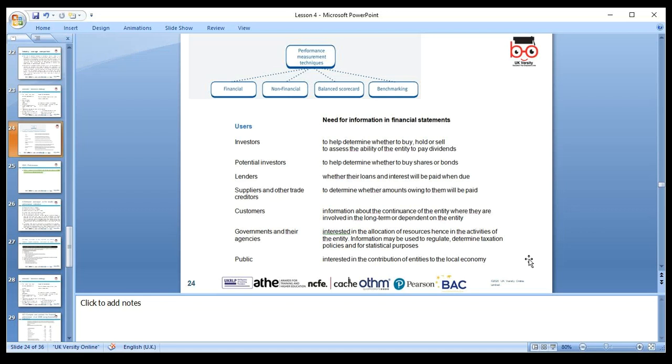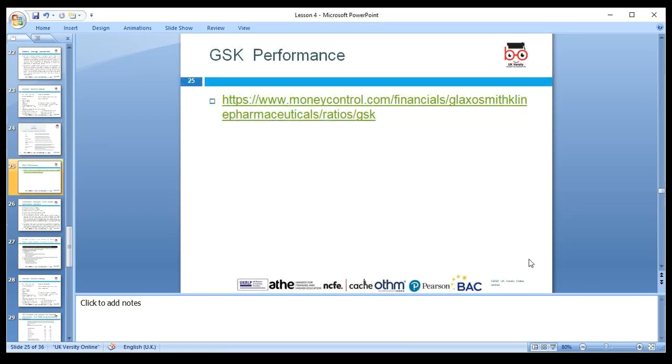What is the key average of the industry? Investors use ratios to help determine whether to buy or hold assets and the ability of the entity to pay dividends. Potential investors use them to determine whether to buy the shares or bonds. Lenders want to know whether their loans and interest will be paid when due, and suppliers, as trade creditors, want to determine whether the amount owing to them will be paid. So different decisions can be made based on the ratios.